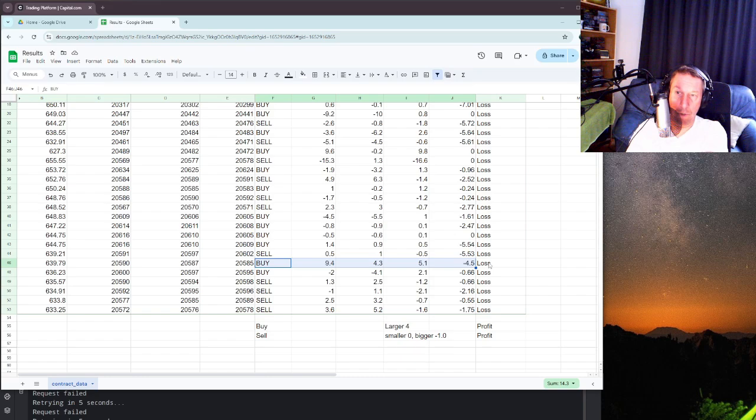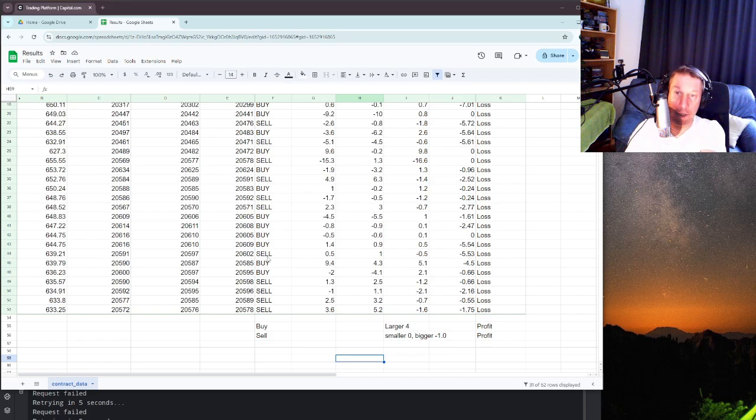This buy. Do I have another buy with a histogram larger than 4? Yeah, yesterday we had one there. Also larger than 4. But those are the only two. Not enough. And for the sell, smaller than 0, but bigger than minus 1, this should not have a loss.